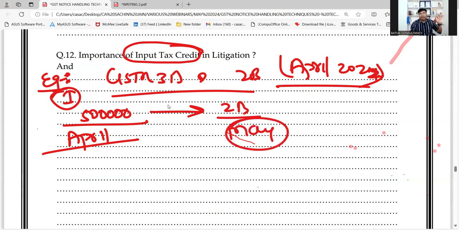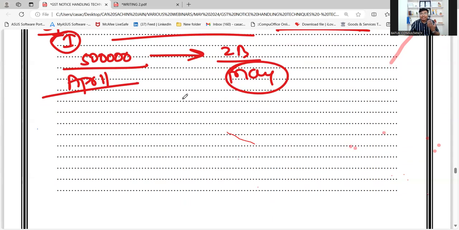I have claimed the input tax credit in April month, and the same was reflected in GSTR 2B in May 2022 month. Now I have claimed the input tax credit in April, but the same was available in May month, although the invoice date is April month.